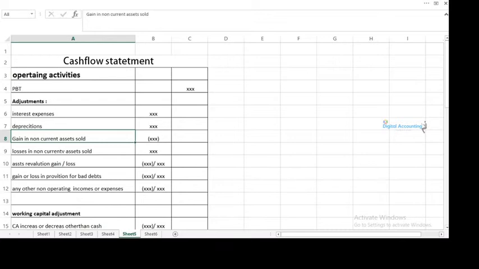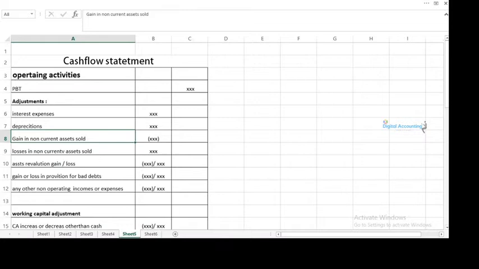The sale of non-current assets is not usual operating activity. Therefore, whatever the amount, whether gain or loss, it should not be a part of operating activities. So if it is a gain, that gain is already included in the PBT, and we need to deduct it, right, in order to get the cash?